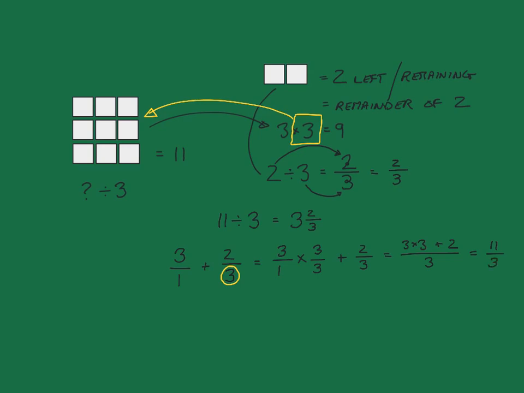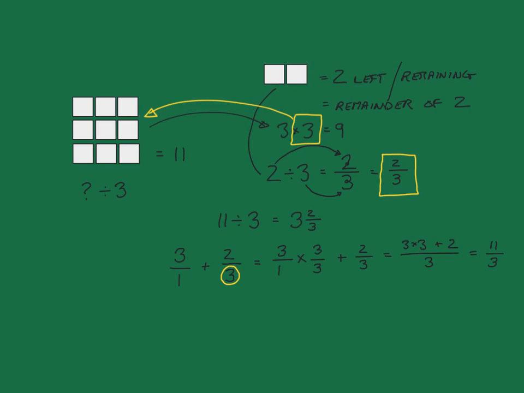So we've seen something else about fractions, which is that they are the remainder sometimes when we do a division that doesn't divide exactly.